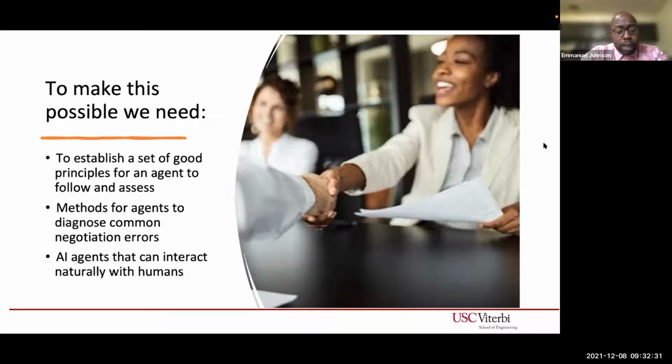Secondly, we need methods that enable agents to diagnose errors that other negotiators may make, as well as errors that it may make in a negotiation. And lastly, we need agents that can interact more naturally with humans. In the case of preparing humans to be better negotiators, these agents could serve as training partners, or they can negotiate on our behalf. Next slide.